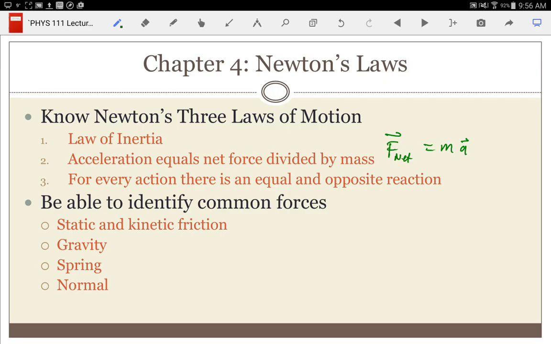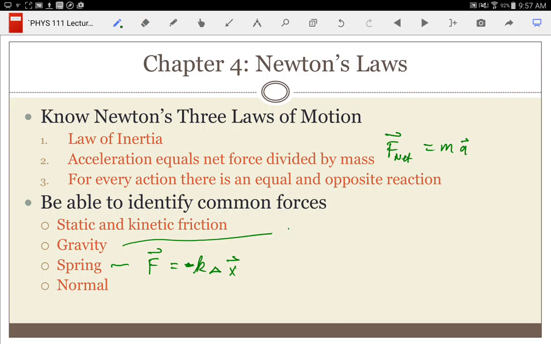Make sure you can identify the common forces like the normal force that's keeping you from falling through your chair, force of friction that keeps you from sliding out to the side of your chair, the force of a spring, which is force is equal to k delta x. If I put the vector signs, I have to put a negative sign because it's in the opposite direction that you stretch it. Force of gravity we had 2 versions of.